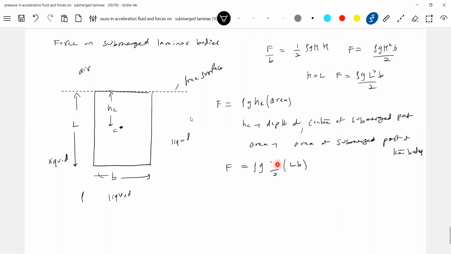Okay, this is L by 2. Look, both are same. I changed all symbols because we started with H, no? So here only I'll make it L. That will be much easier. Again, why bring L, all that. Both are same, no?